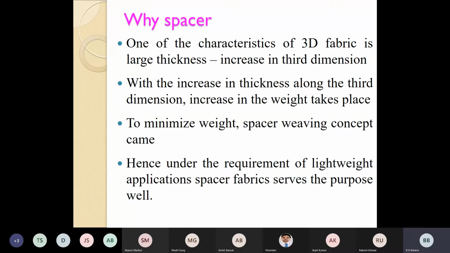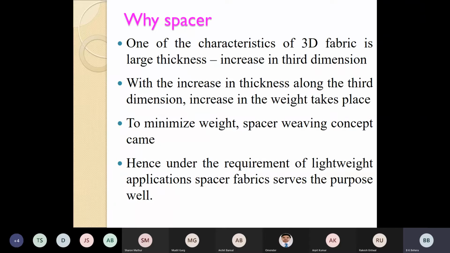The major application of these fabrics are composite applications, and one of the basic objectives of using textile structure for making composite is to make composite of lightweight. So we want to minimize the weight. So how can a 3D fabric of large thickness be produced with minimum weight?